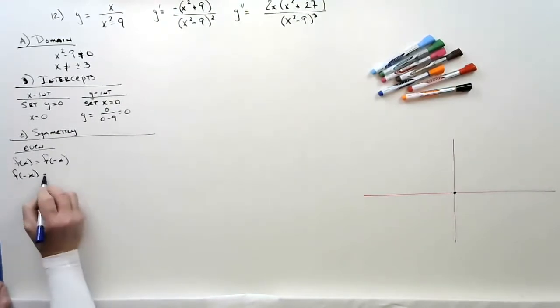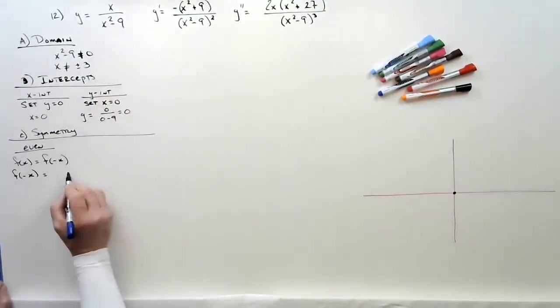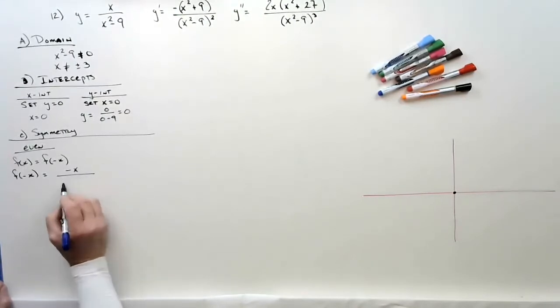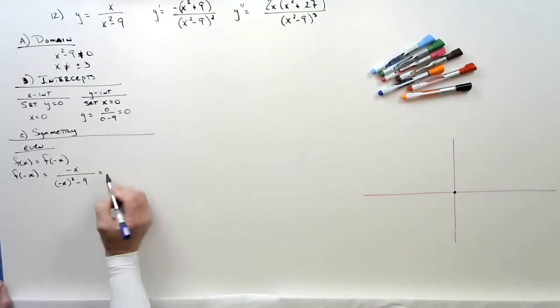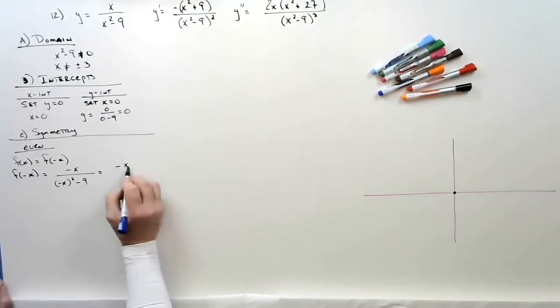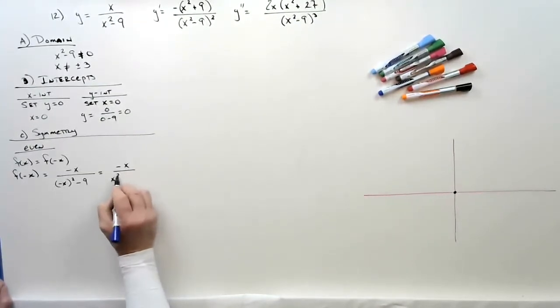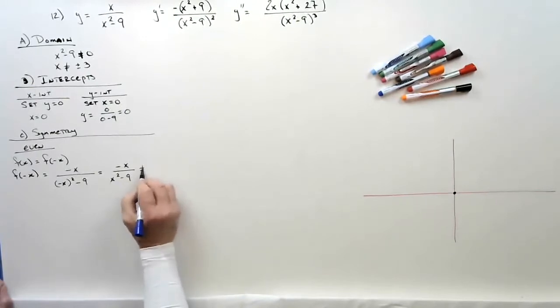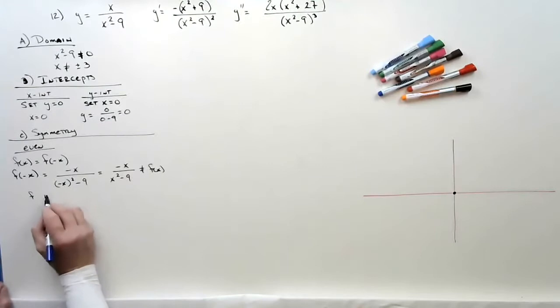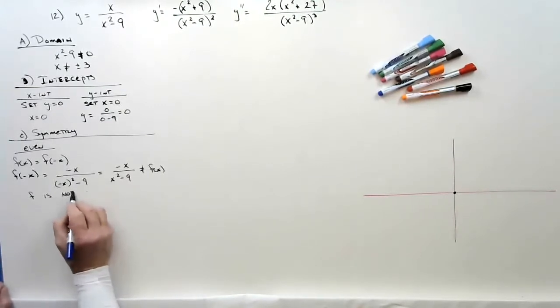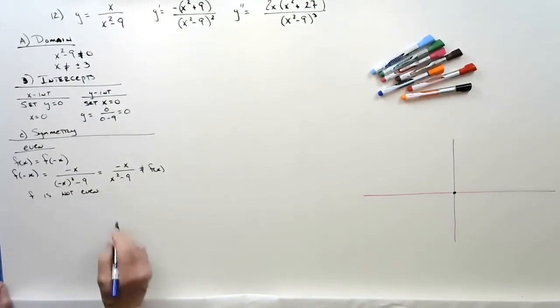F of minus x turns out to be, I'm going to put a minus x in there. That's minus x. Down here, I get minus x squared minus 9. That gives me minus x over x squared minus 9. That is not f of x. So f is not even.